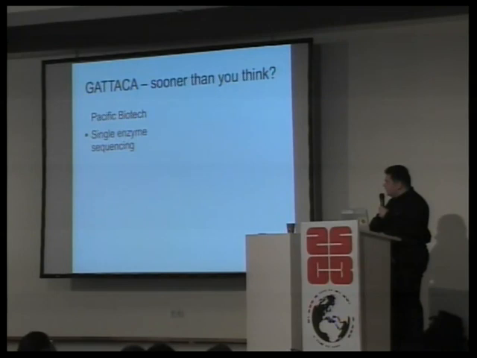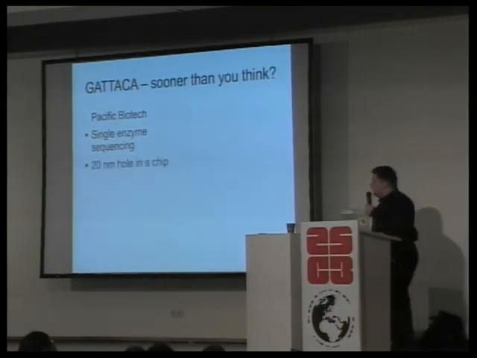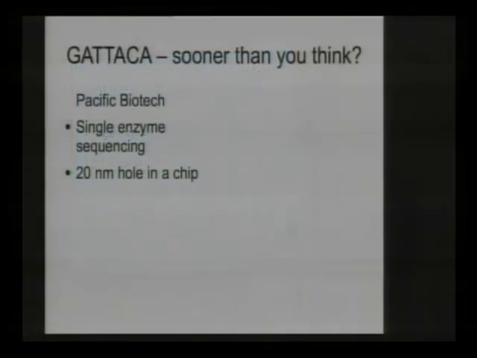What they do is they take a single enzyme and they take again some glass chip or whatever, and they punch a 20 nanometer hole in this. And they fix this single enzyme in this hole, and then they basically, again with fluorescent markers, watch the enzyme run through the DNA.